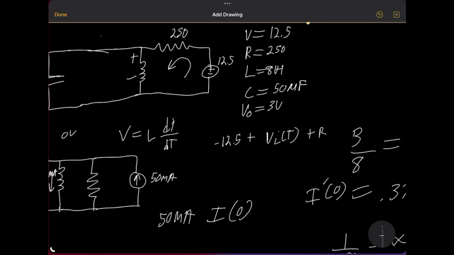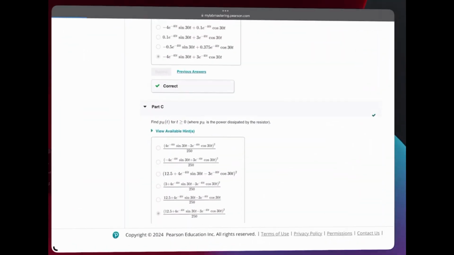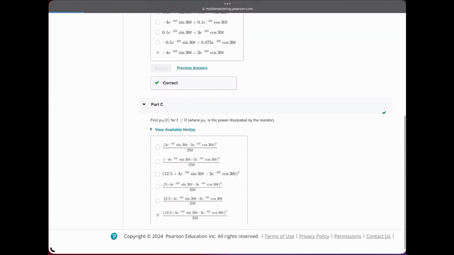We're solving it for R. It's equal to 0. Minus the R over, distribute that negative, you get 12.5 positive minus voltage L of t. Make sure to distribute that negative and that will give you your answer, right? And then divide by that squared.